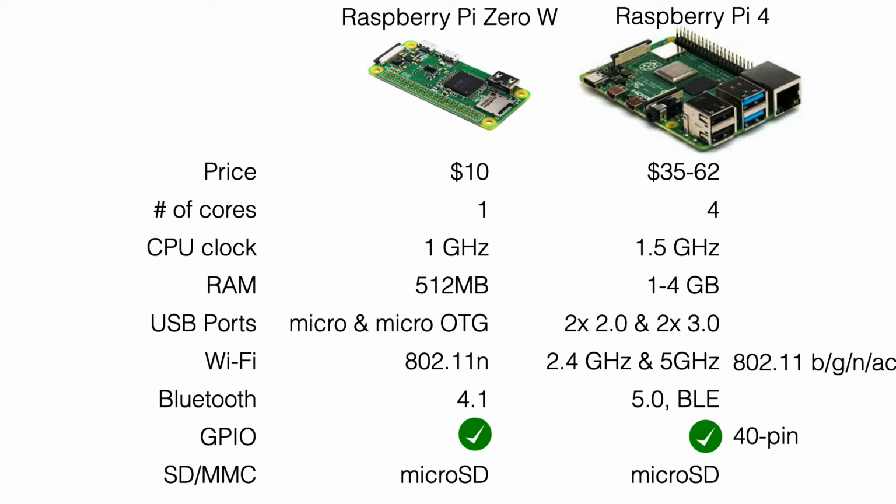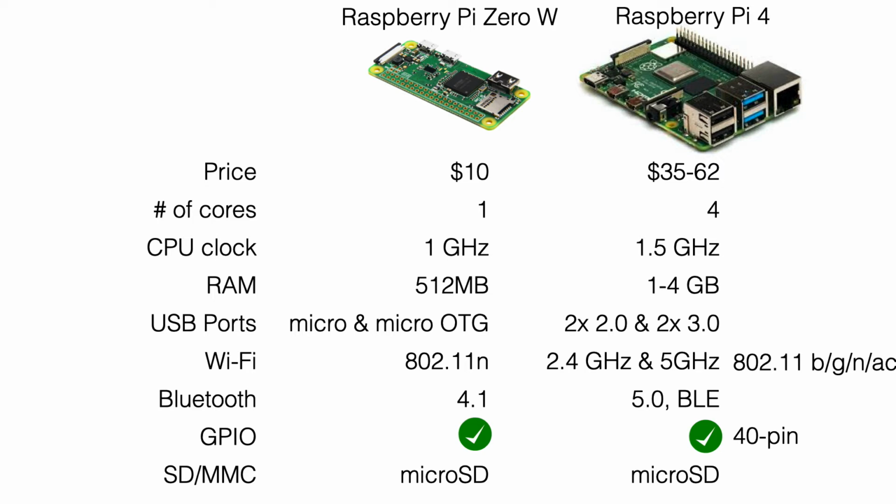For Pi Zero, you have GPIO ports, and you have the same 40-pin GPIO ports for Pi 4. From a hard drive standpoint, you can use micro SDs for both of the Zero and the Pi 4, which means either one of these devices could be used to complete this workshop.